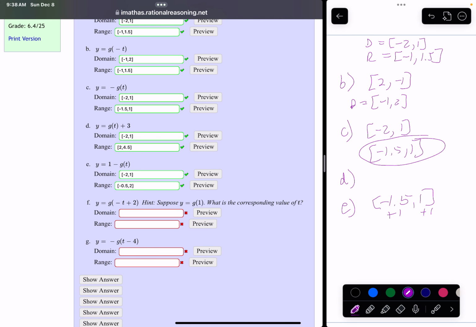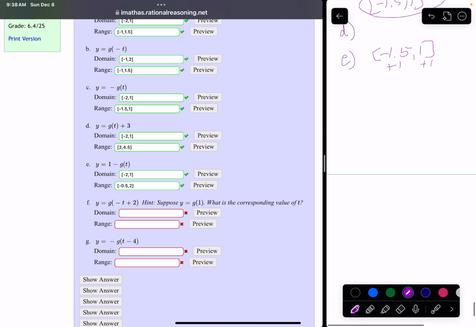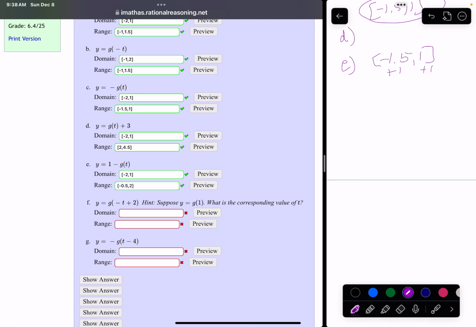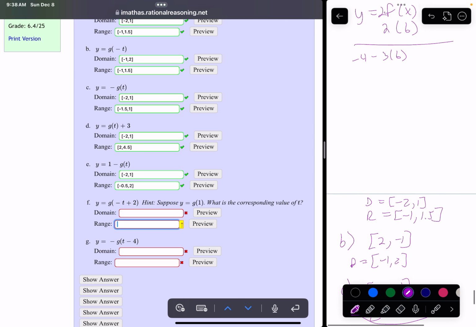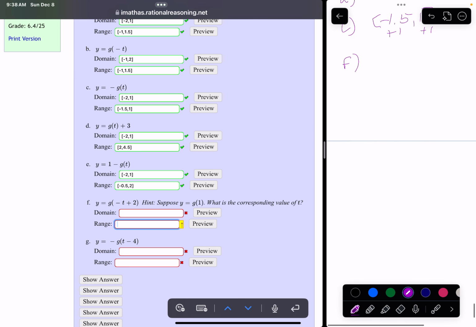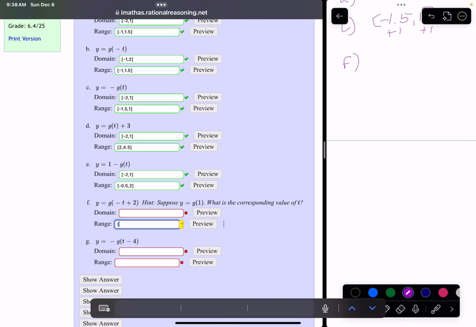Okay. Now, what I would suggest doing for F is the hint they've given you. Okay. So it's on the inside. It is only going to be affecting our domain. So let's put our original range. Remember that -1, 1.5. Let's put our -1, 1.5 in so we can just move on to domain. Okay, so what were our original domain values?